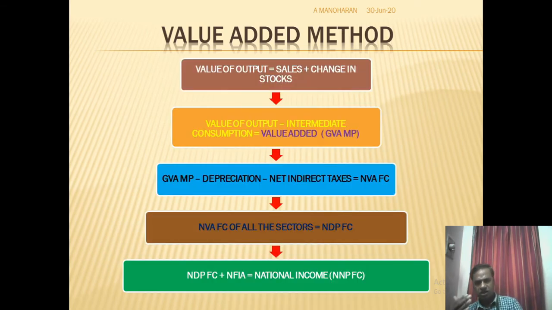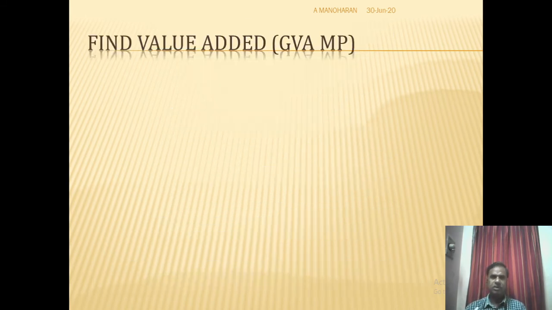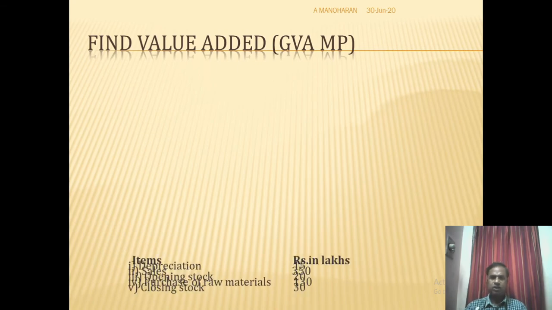The formula which we studied is given in this picture. The same thing is given: value of output, then value added, then GVAMP, then NVAFC of all the sectors. Then last you have to calculate national income. Now, let us have a numerical example.